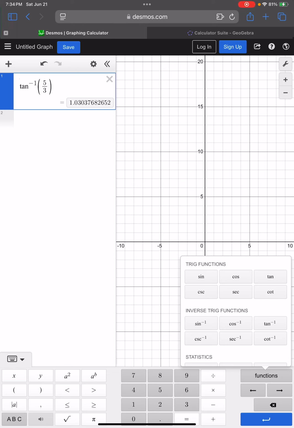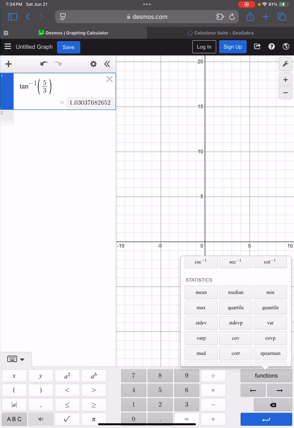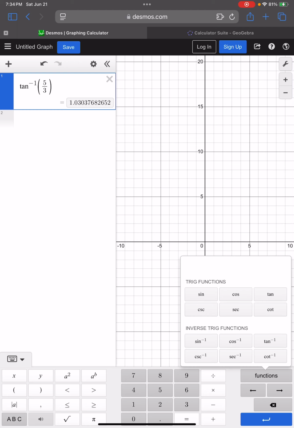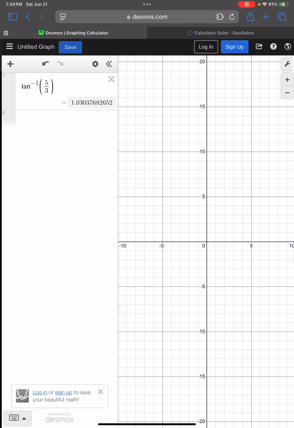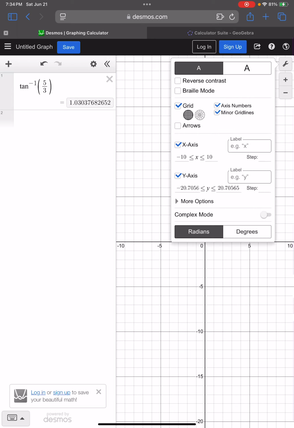See, that is not in it. Okay, give me 1 second to change this to... Oh, here we go. Degrees.